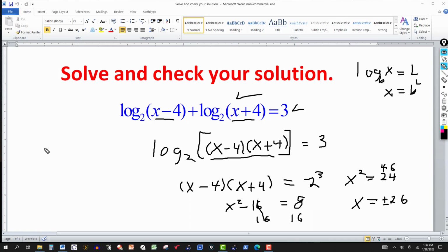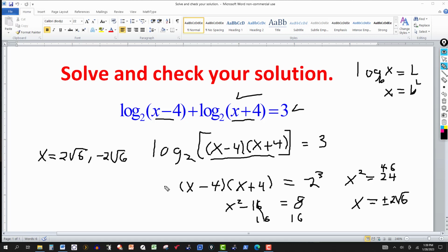So we have two possible answers here. x can be 2 times the square root of 6, or it can equal minus 2 times the square root of 6.